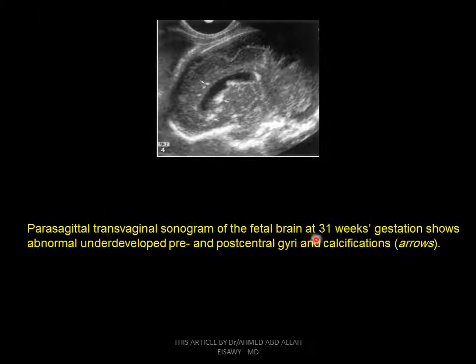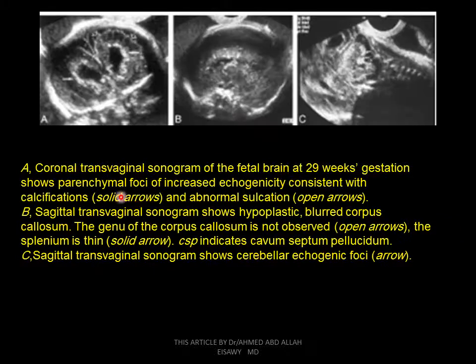This is parasagittal at 31 weeks showing abnormal undeveloped pre- and postcentral gyrus and calcification, gyri and calcifications, as we see. This transvaginal sonogram at 29 weeks gestation shows parenchymal foci of increased echogenicity, consistent with calcifications and abnormal sulcation, with this open arrow.